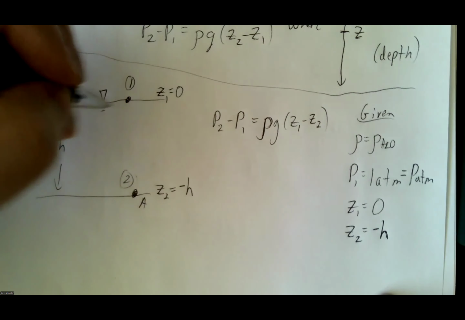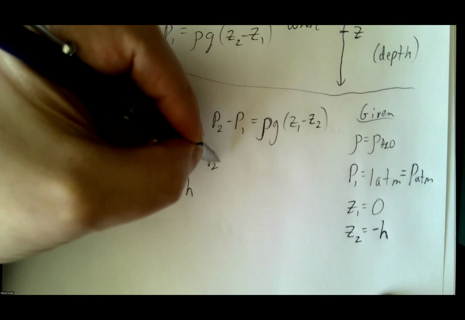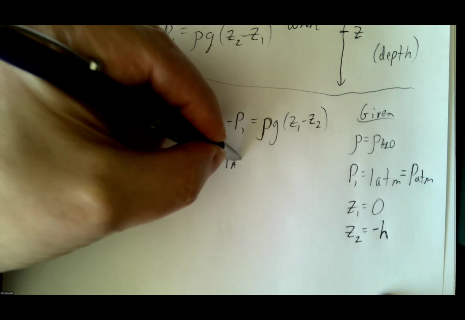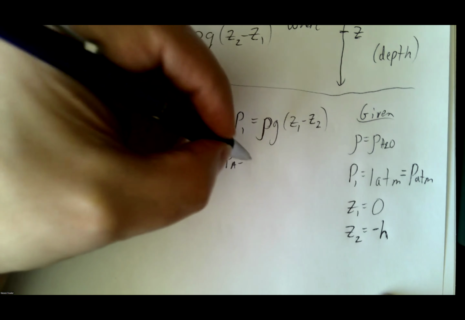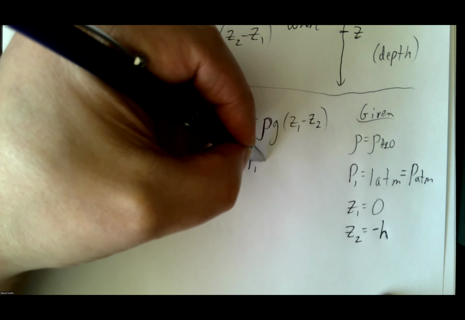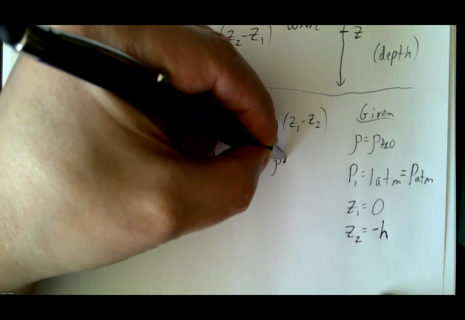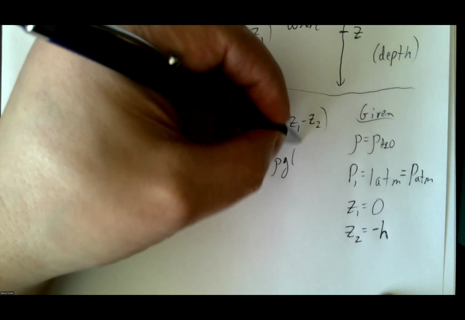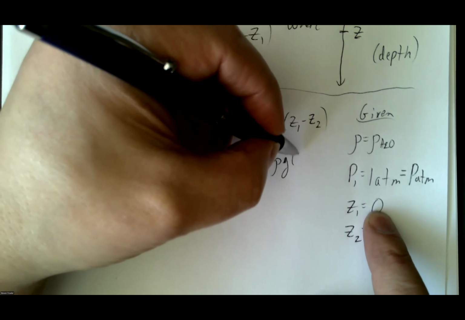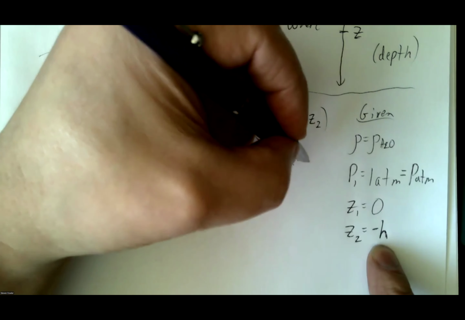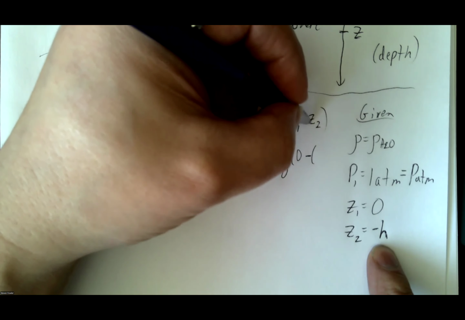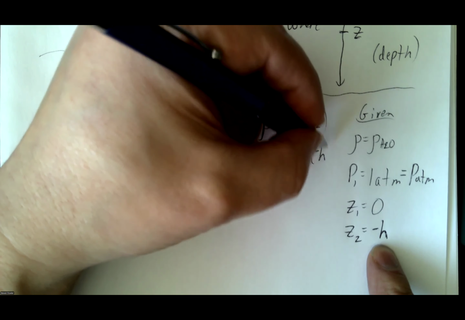And so we're going to say P2, which we're going to call PA, is equal to P1 plus rho g, and I'm going to plug in 0 for Z1, and for Z2, I'm going to plug in minus H here.